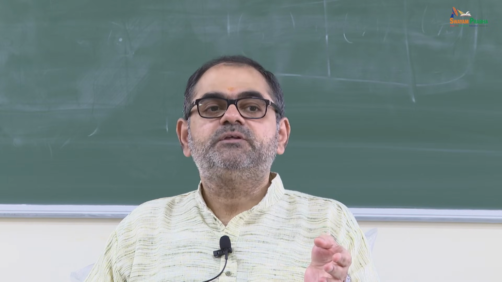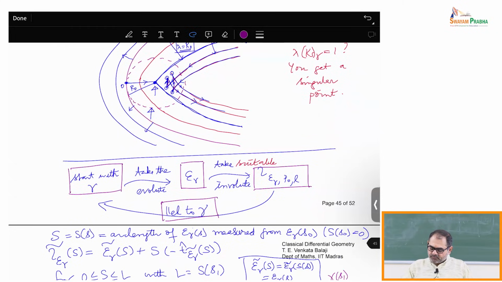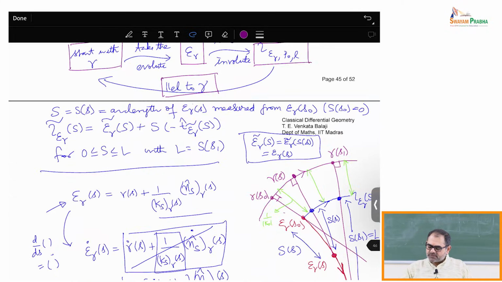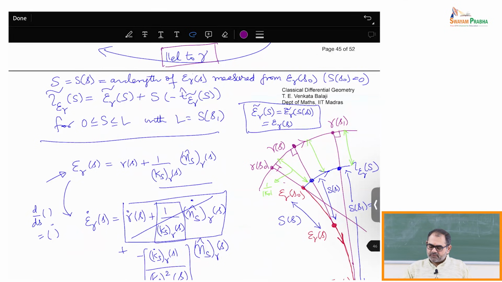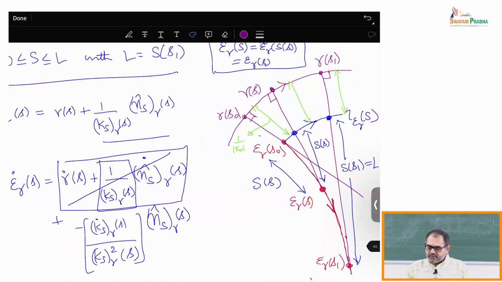The thing is that you have to choose the right involute, and even to get back the original curve itself, you have to choose a more specific involute. All right, so let us look at this situation where I have drawn this.